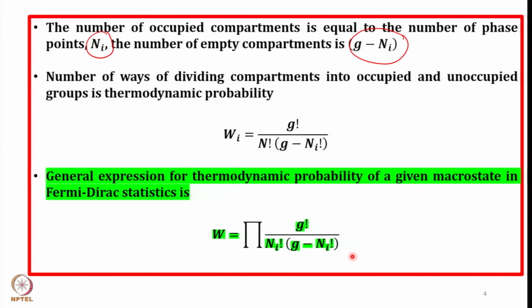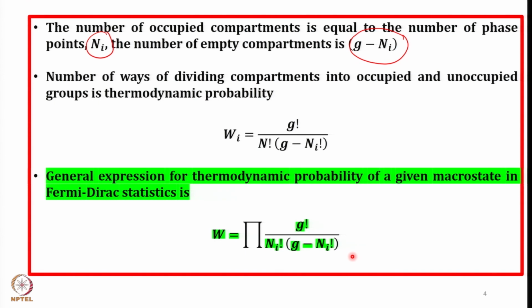Now you know that once we have an expression for thermodynamic probability, from that we can move towards other derivations. For example, you know S is equal to k log W. W can be connected with entropy.